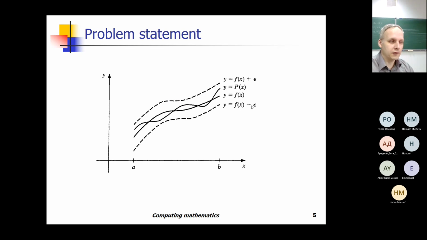Lower bound is f of x minus epsilon, and upper bound is f of x plus epsilon. These two lines correspond to f of x plus minus epsilon. And between this upper and lower bound, there exists a polynomial. So I can find a polynomial that will be very, very close to any function that I want.